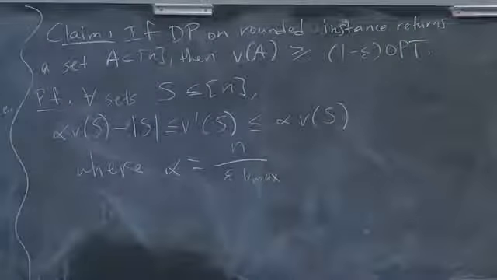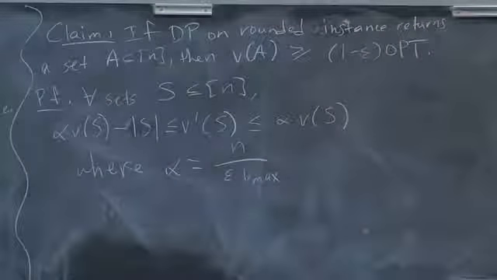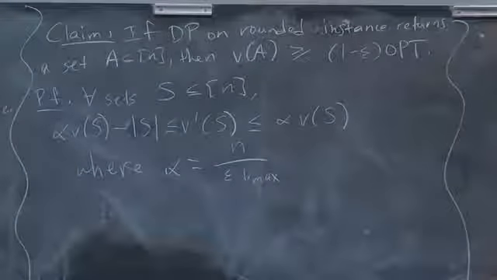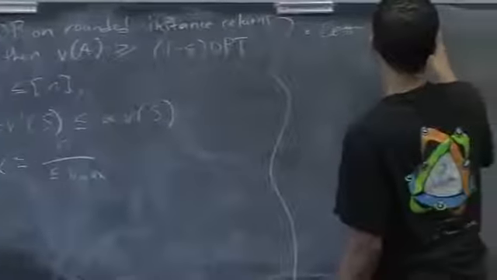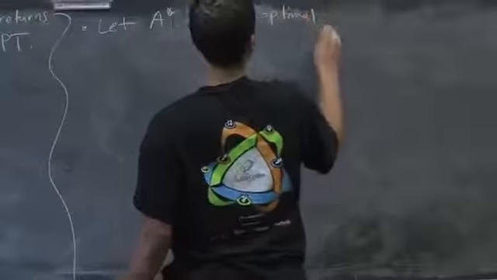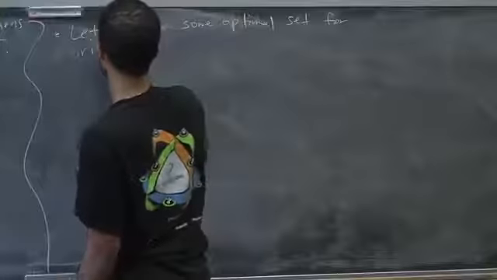That's what I just said over here. We lose at most the size value. So let A star be some optimal set for the original knapsack problem before rounding.